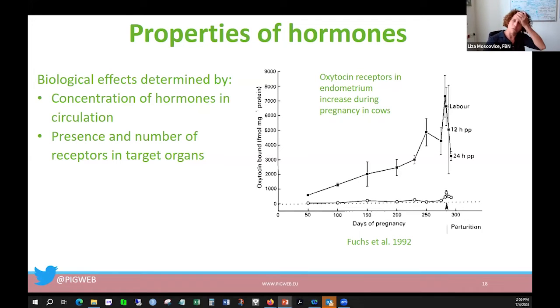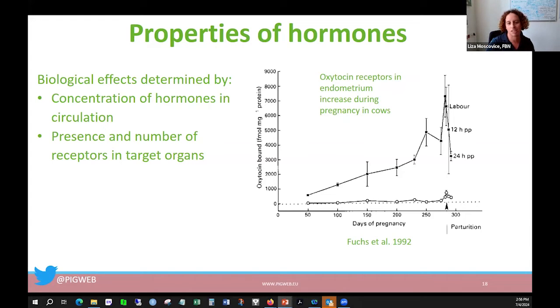I think what people who think more about peripheral physiology are maybe so aware of, and why it's really good also to collaborate with neuroscientists to do this research, is that it's really fascinating to know that the receptors for hormones also can change, both in terms of their density and their distribution in the body and the brain.